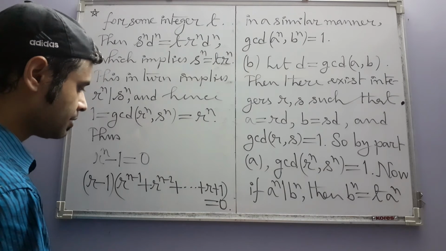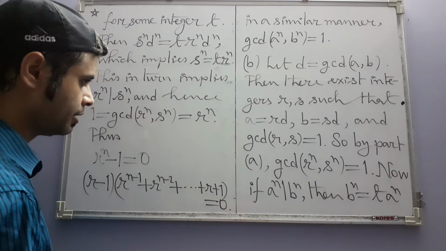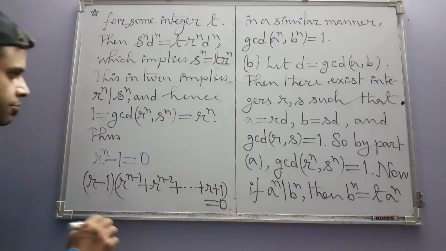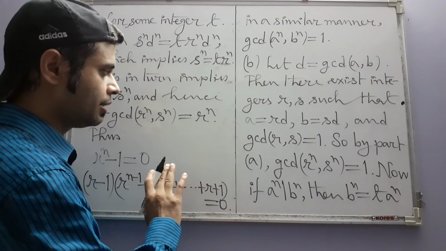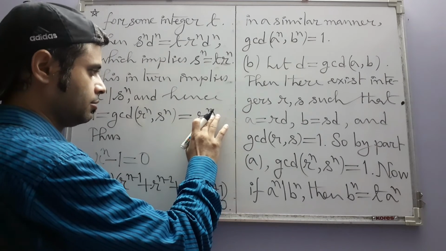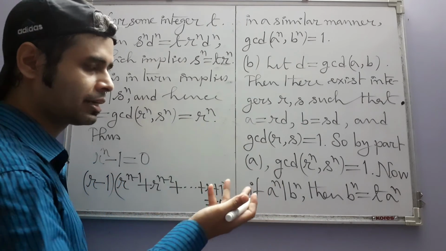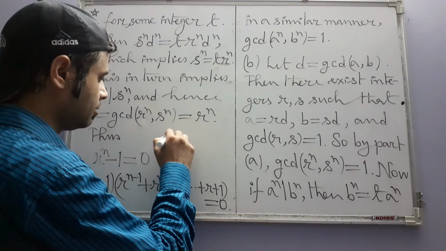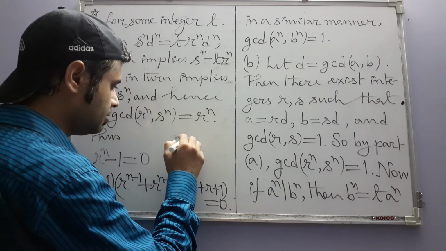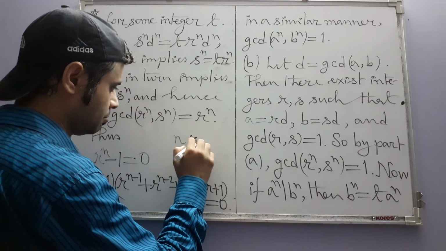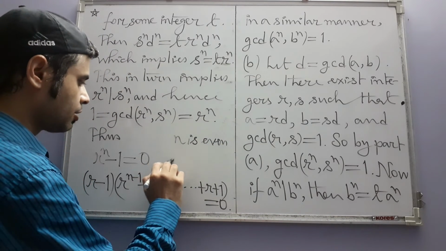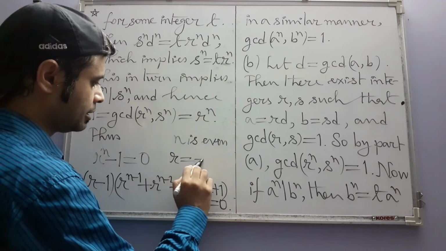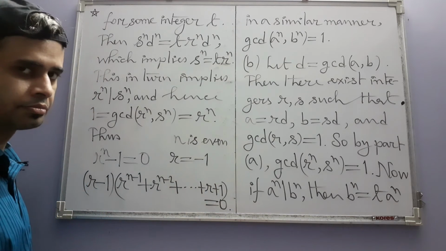But if r is negative, things will become very complicated, and in particular, we of course have not said anything about n other than the fact that it is a positive integer. If n is even, positive but even, then you have the option of taking r equal to minus 1, no?